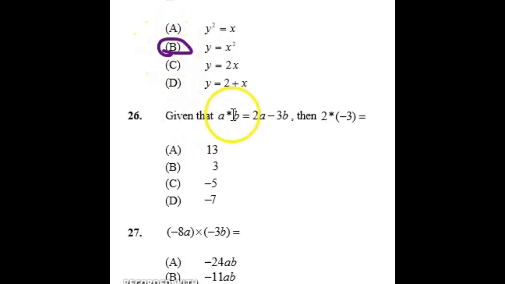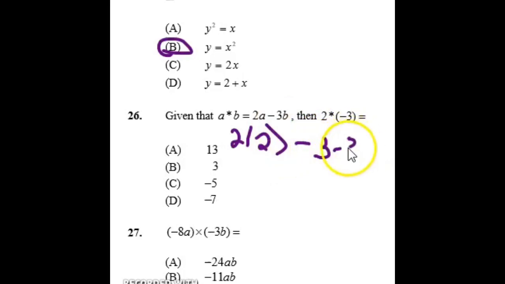Given that a * b is equal to 2a minus 3b, wherever we see a we're going to put 2, and wherever we see b, we're going to put negative 3. So it's going to be 2, a is 2, minus 3 times negative 3.